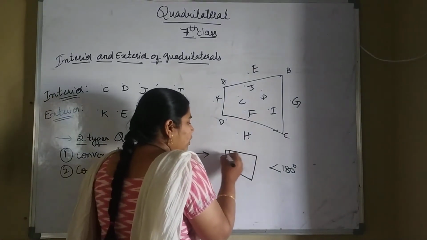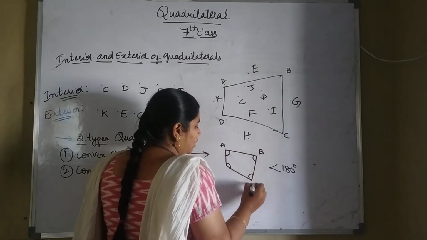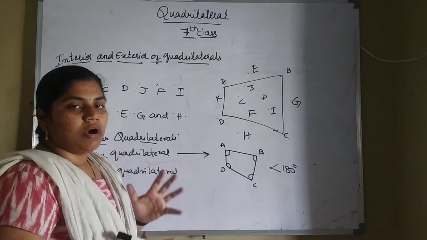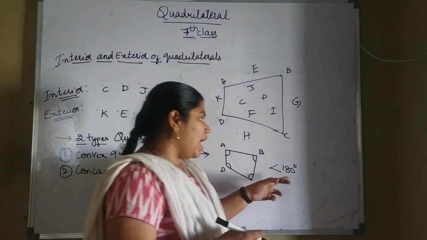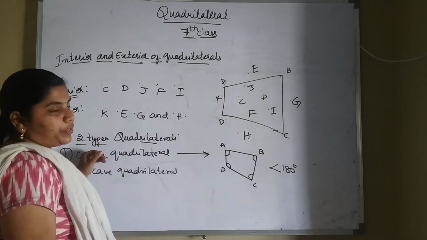So if you take all the angles here, A, B, C, D, and all the interior angles are less than 180 degrees, we will call it a convex quadrilateral.